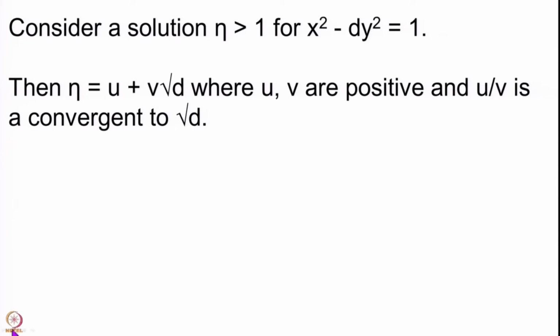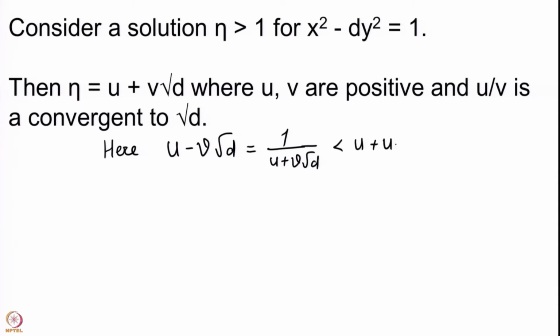So, here u minus v root d is the inverse of u plus v root d. This is less than our u plus v root d because we have the number 1 sandwiched between these two numbers.